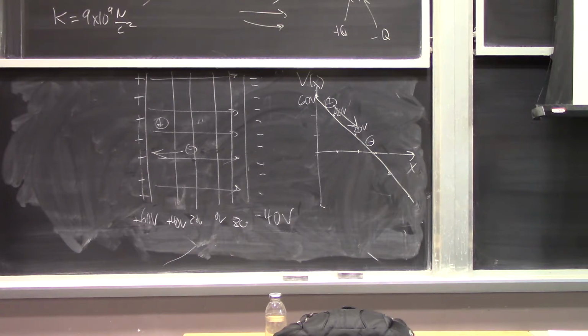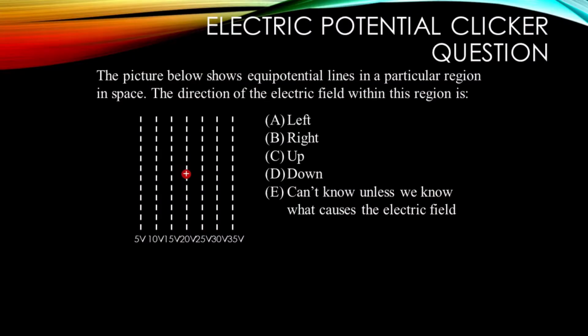Okay. So let's look at this next question. Here I have these equipotential lines, very similar to the situation that I have here. I put this positive charge here. What's the direction that this positive charge is going to want to go?